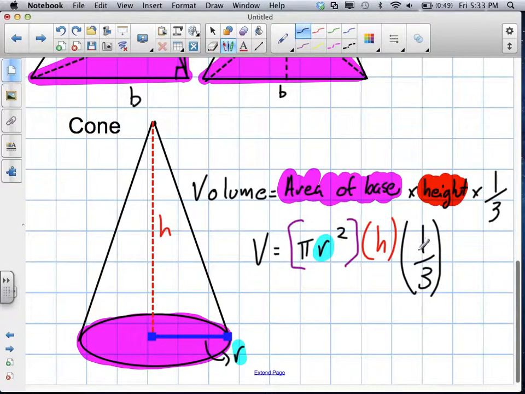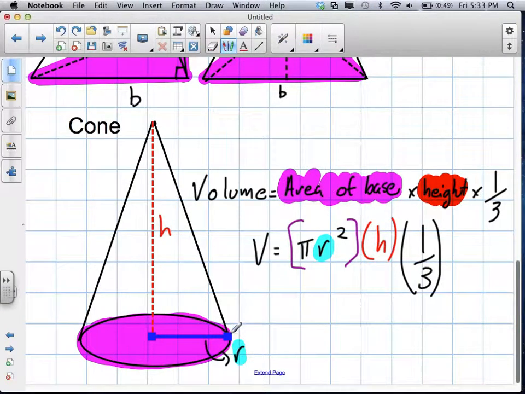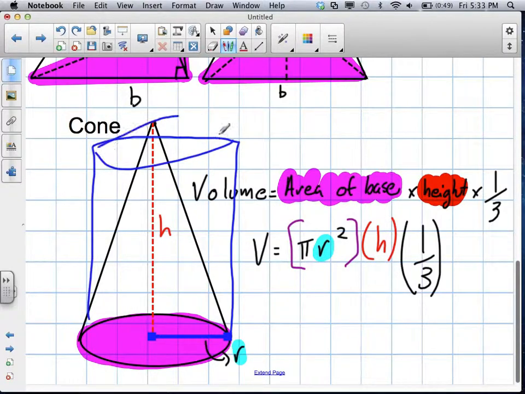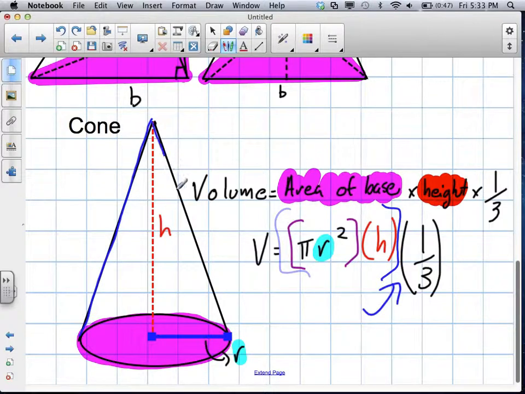Okay? So it's very similar to, in fact, if you remember, had this been a cylinder, like this instead, and had the circle object here, this would have been the area of the cylinder. Sorry, not area. Volume of the cylinder. We just multiply it by 1/3 because you see this is no longer a prism. It gets cut into a pyramid shape. So we multiply it by 1/3 because it's only 1/3 as the size.